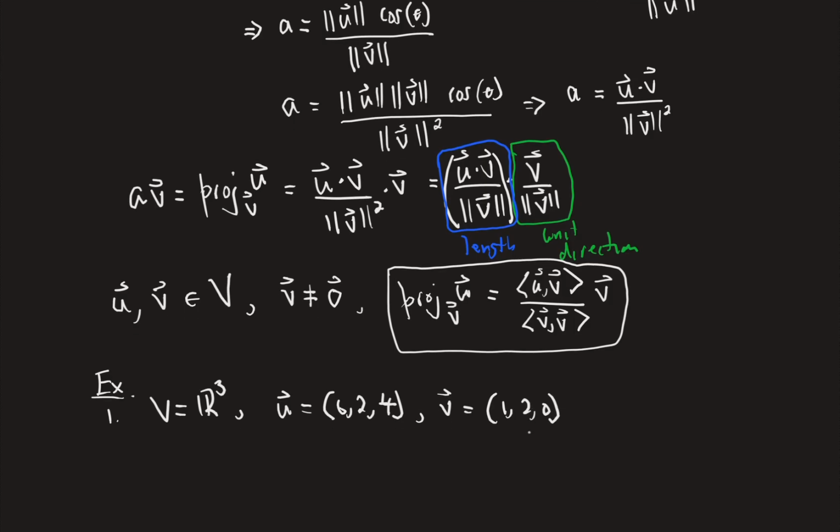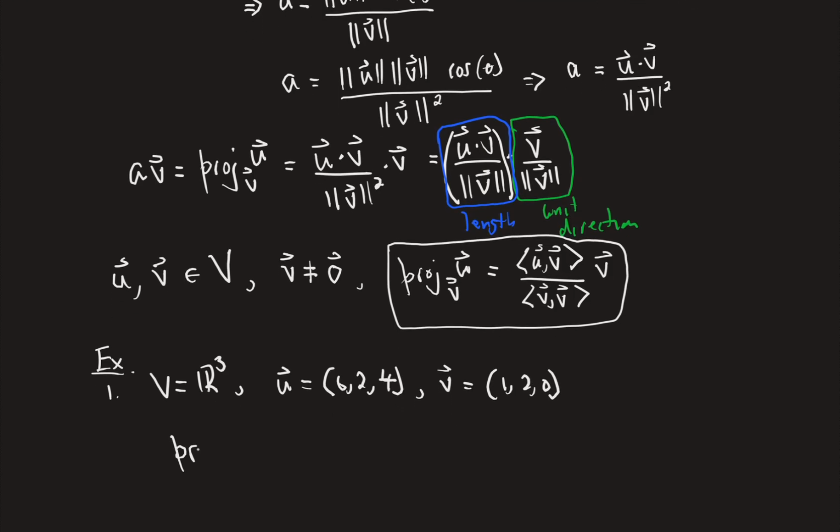All right, so if we want to find the projection of U, sometimes you can put it in parentheses, onto V, well, the formula says we need to take the inner product of U and V. So for us, that will be a dot product. So I'll just write out the numbers and then simplify it. But it's a pretty straightforward calculation. So it's going to be 6 times 1 plus 2 times 2 plus 4 times 0.